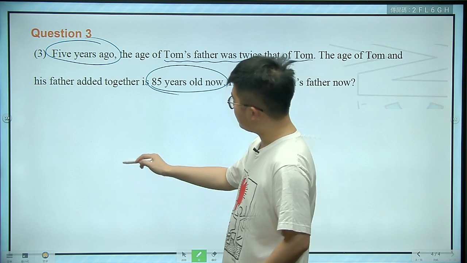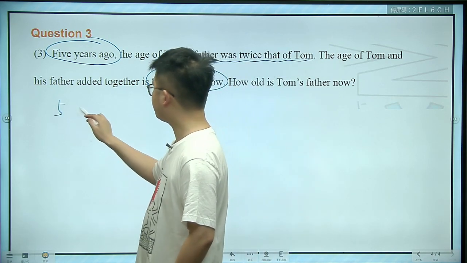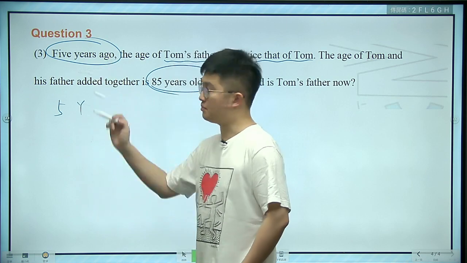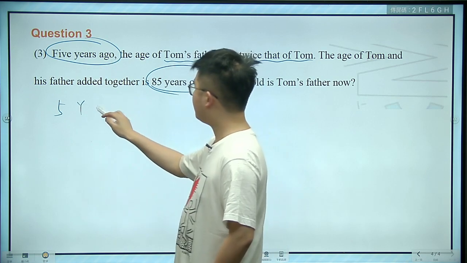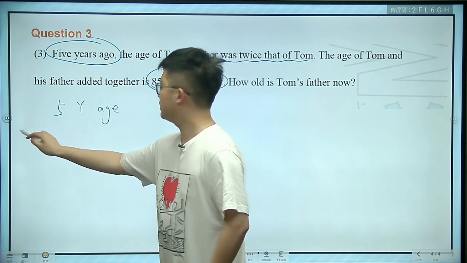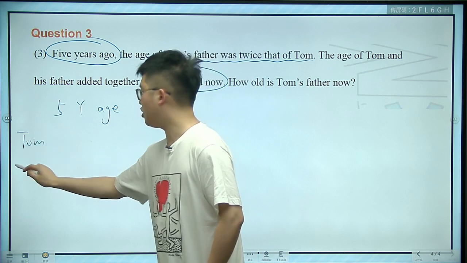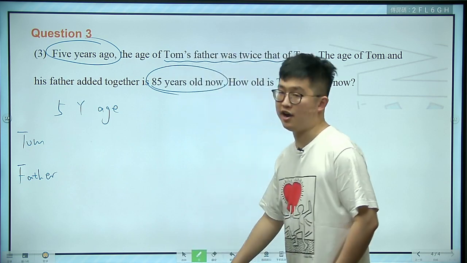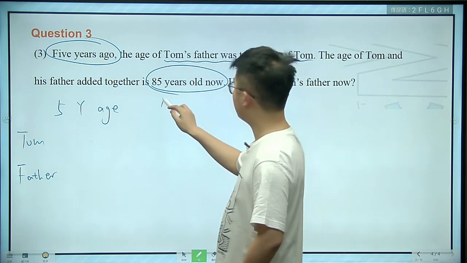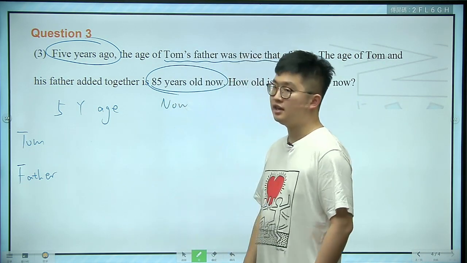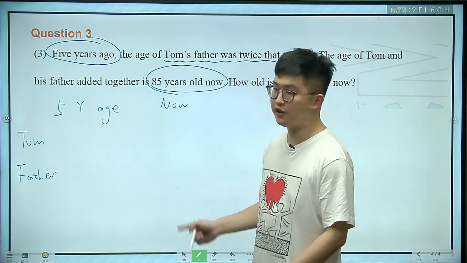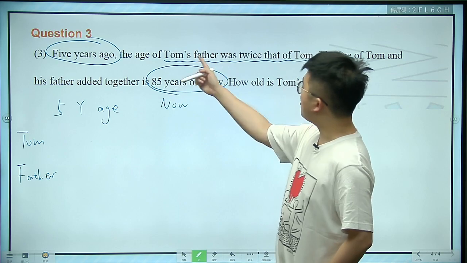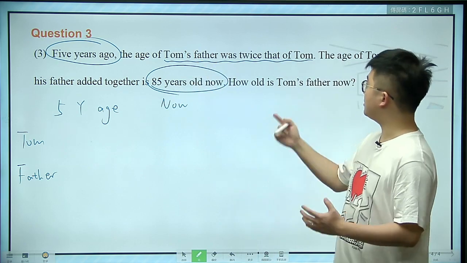So we can see that 5 years ago, Tom and his father, and this is now. We have 4 blanks to fill in here. We know that 5 years ago, Tom's father's age was twice that of Tom.